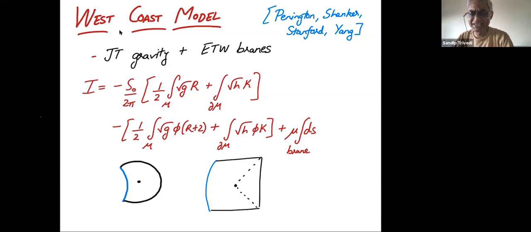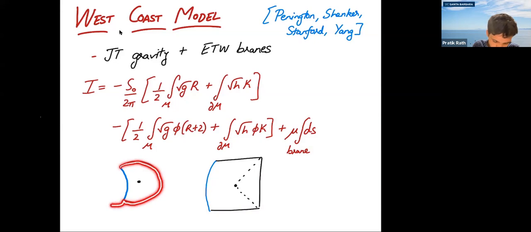And Pratik, I must say, I've never really been able to understand this model, although I've tried to study it. Let me ask you this. What are the boundary conditions on the end of the world brane? And is the variational principle well defined? Yes, it is. One way of thinking about this end of the world brane construction is by considering geometries where you just double this and you have some boundary like this, and then perform a Z2 orbifold.